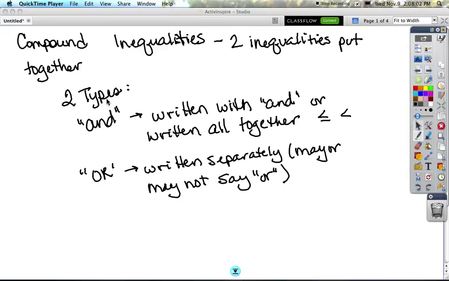Now, before I get into the example, when it says that the ands are written together, that includes the answer. I'm going to give you a little visual to help remind you. When my kids were little, I took them to the grocery store, and we were going down the aisle, and they were constantly putting stuff in my buggy. They wanted cookies and chips and sodas and ice cream and peanut butter and toys, and it was all going together in my buggy.